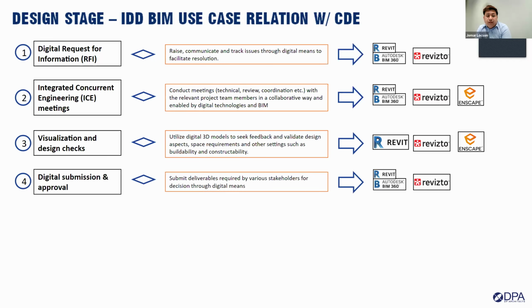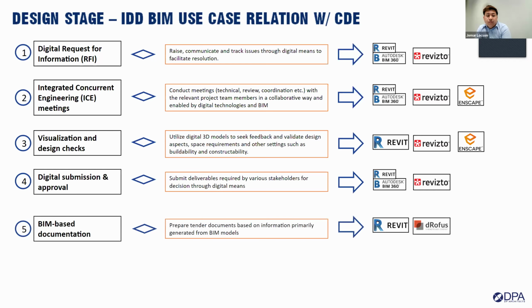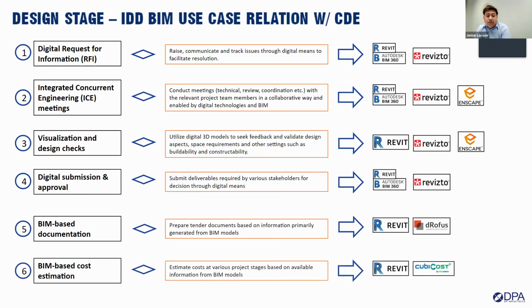Our digital submission and approval, BIM-based customization, and BIM-based documentation. These are only 6 out of the 14 IDD use cases that are required for an IDD project during the design stage.